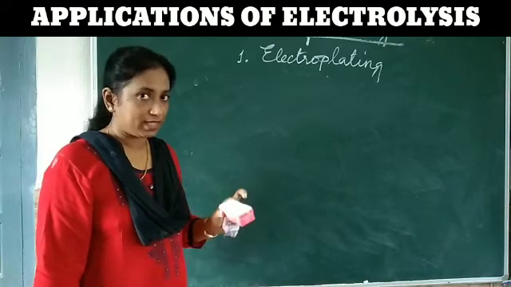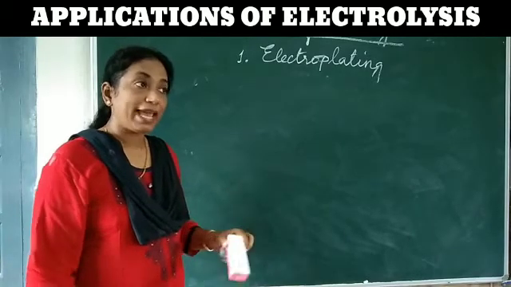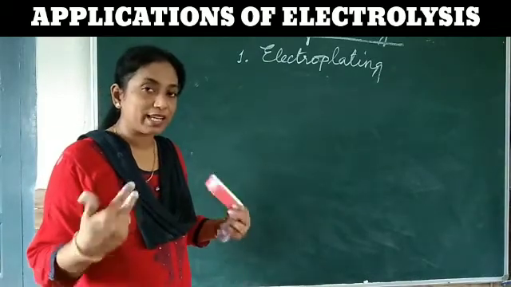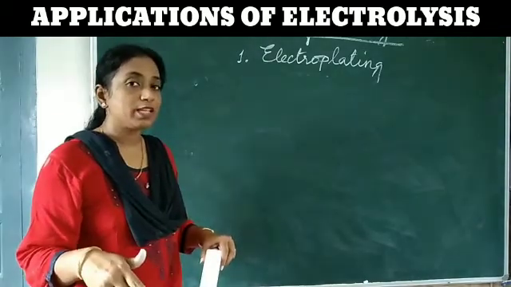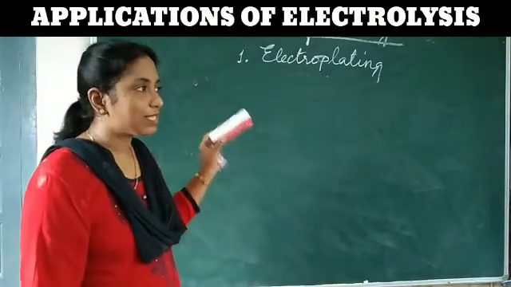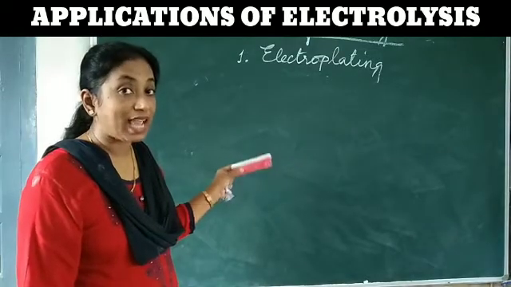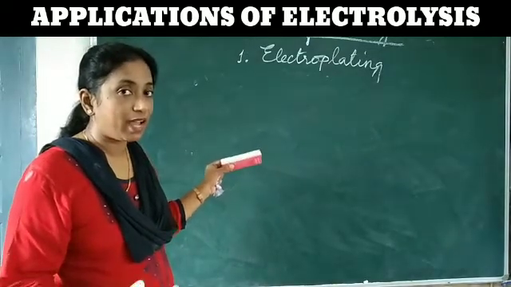Electrometallurgy means extraction of the metal from its ore using electricity. Both use the same principle as electroplating, and that is the active anode.